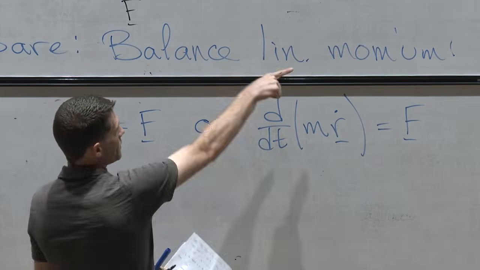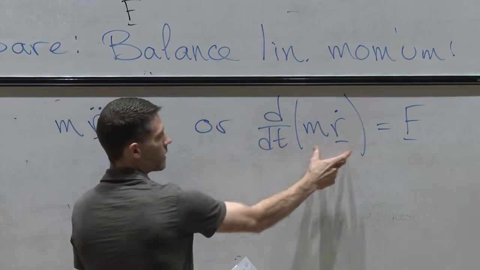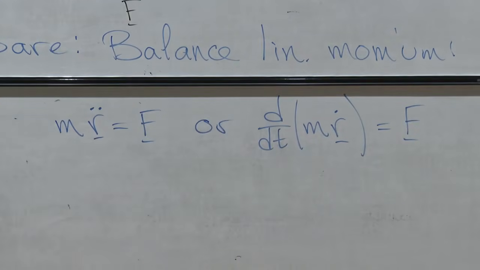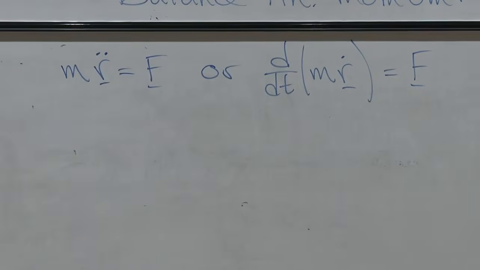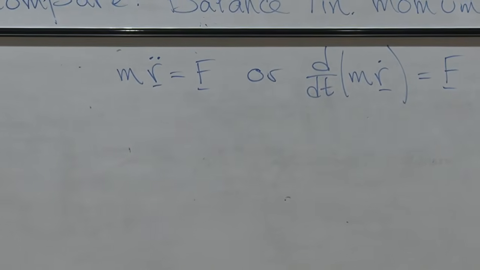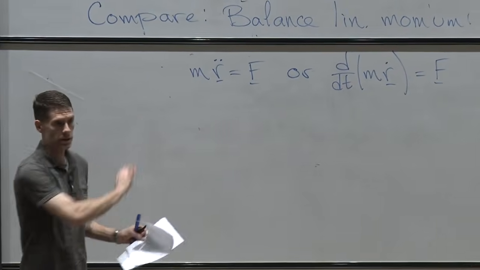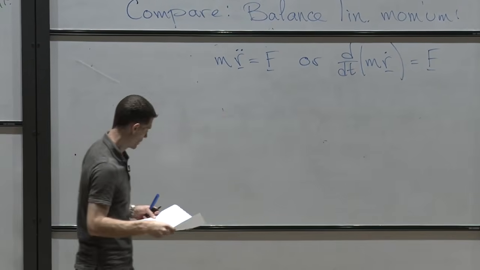So balance of linear momentum says any change of the linear momentum is balanced by whatever forces are applied. Angular momentum, any change of the angular momentum is any torques. So they have the analogous form. And of course, that's assuming, as we've assumed all along, that the mass is not changing, but the equation is still valid if the mass did change.